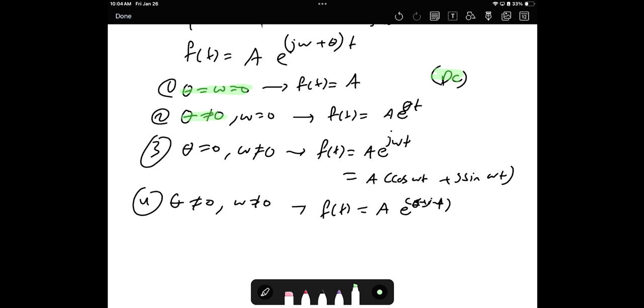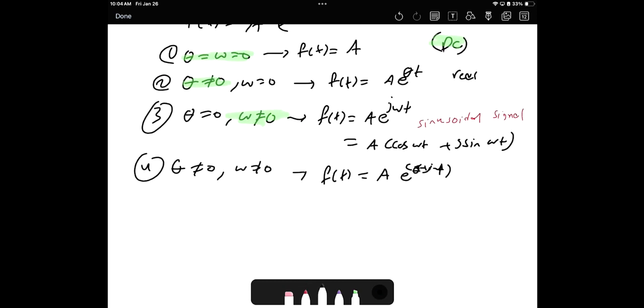When theta is non-zero, it is a function of time, only real part, so it can be growing or decaying. While when omega is non-zero and theta equals 0, this will be a sinusoidal signal, and by sinusoidal signal we mean it can be either sine or cosine. Then, if both of them are non-zeros, it's also sinusoid, but with phase shift theta.